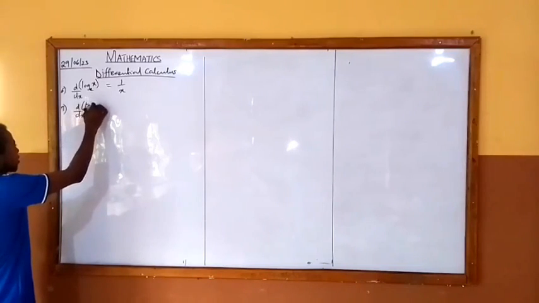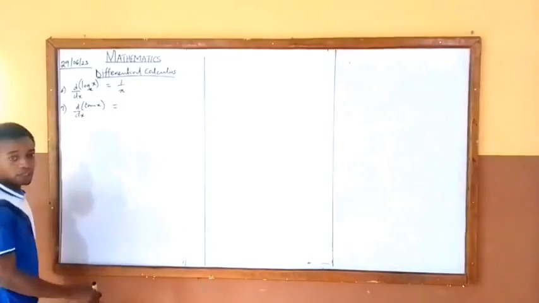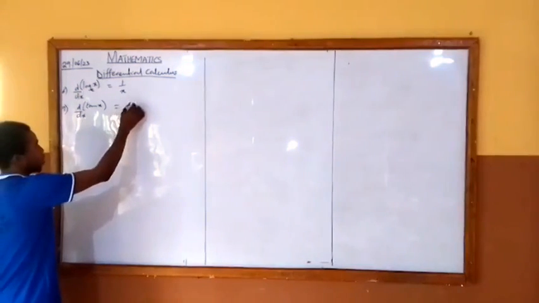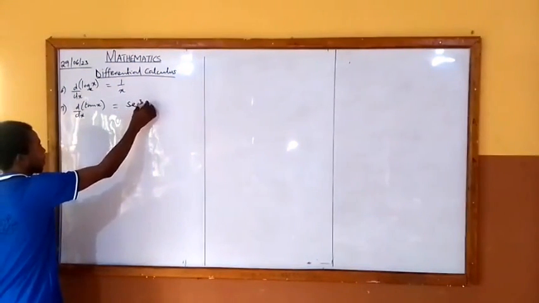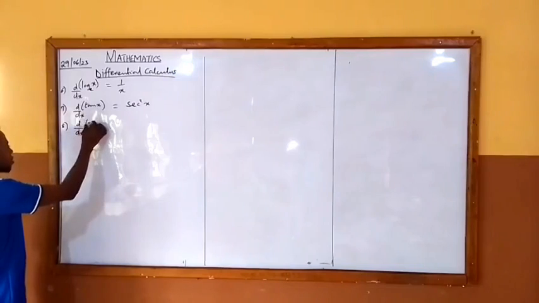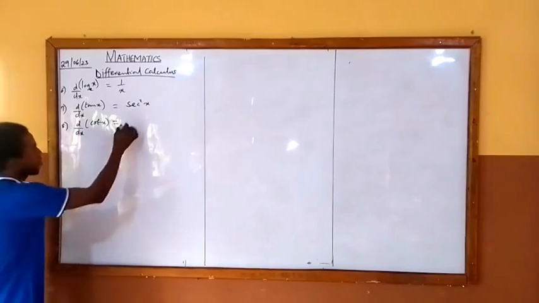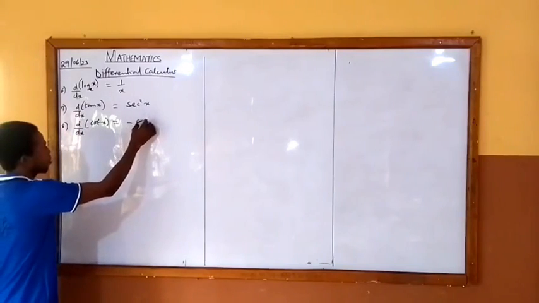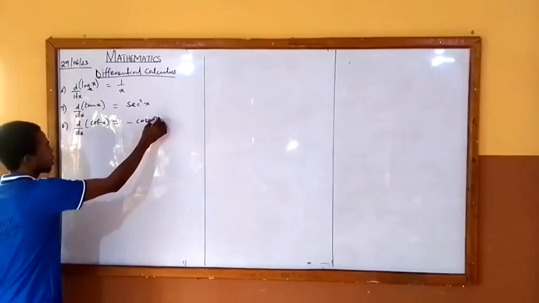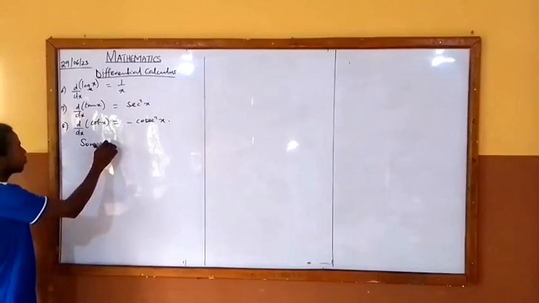Derivative of tan x gives us sec square x. We have derivative of cot x. So this gives us minus cosec square x.